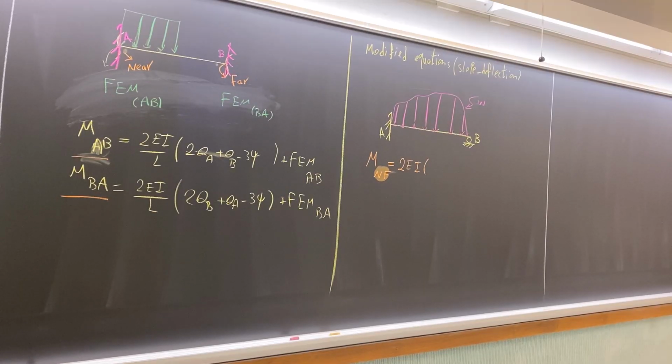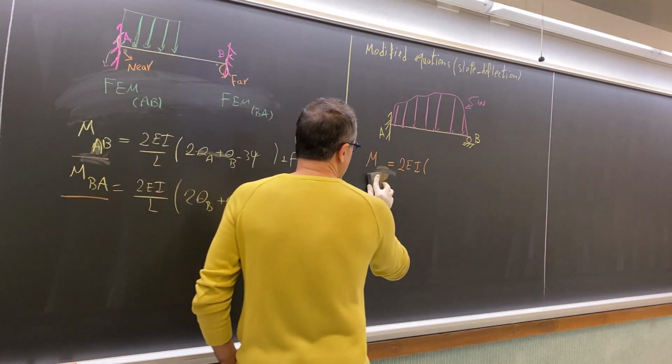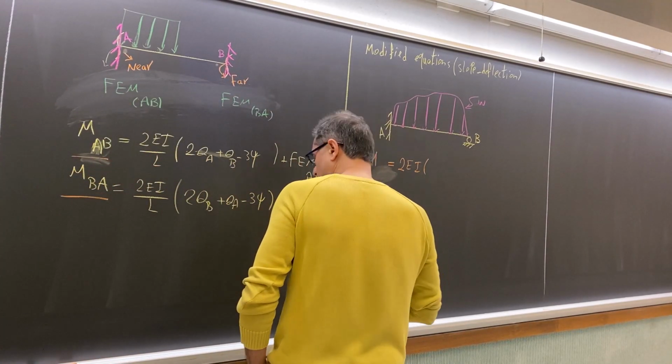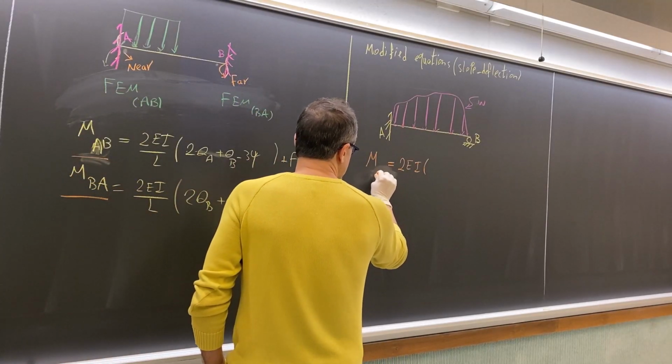And just to make it easier, we just show it with MN, because you already know what we mean about near and far. So let's show it with N. The textbook is using MN.